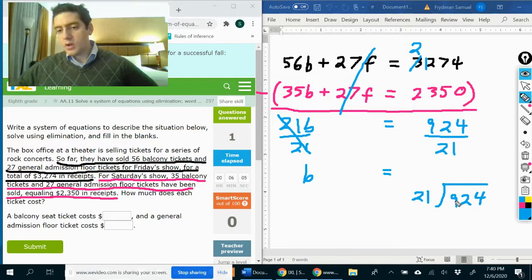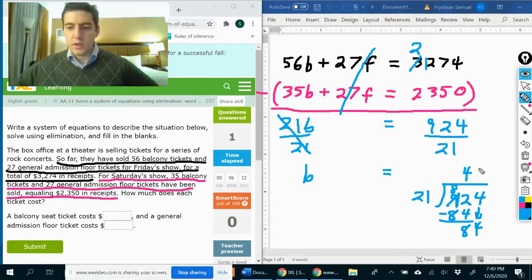So 21 is not going to go into 9, but it'll go into 92 4 times. Okay, and 4 times 21 is 84. And then we subtract there, that's going to be 8, right? 8 there, and then bring down the 4. 21 goes into 84. Oh, I just said it 4 times. Okay, so I'm done. So B is equal to 44.